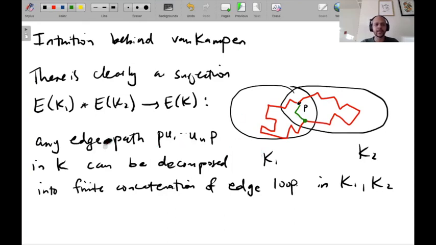Okay, so this shows the surjectivity. You start with any edge path, you break it up into pieces, maybe using the equivalence relation as pictured with the green edge, but you break it up into pieces in K1 and K2, and then that gives you something in the image of this homomorphism.